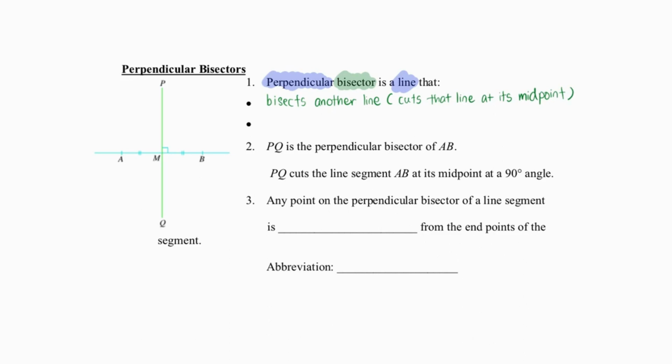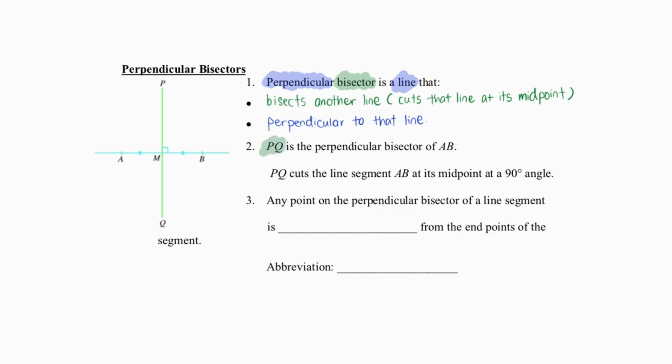Alright? And because now we are cutting another line, the perpendicular comes in already. So this is also a line that is perpendicular to that line. I'm going to make use of the example here.